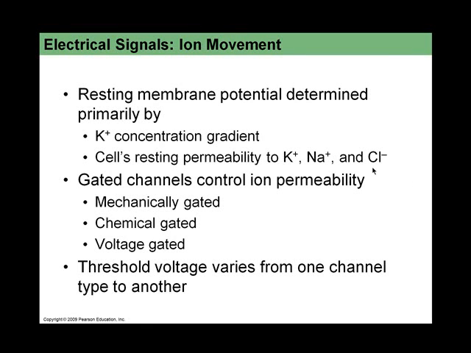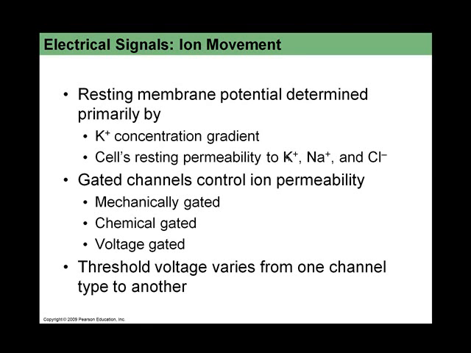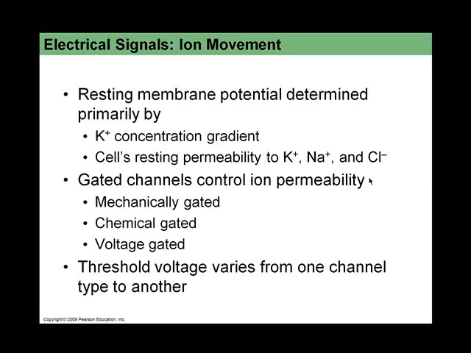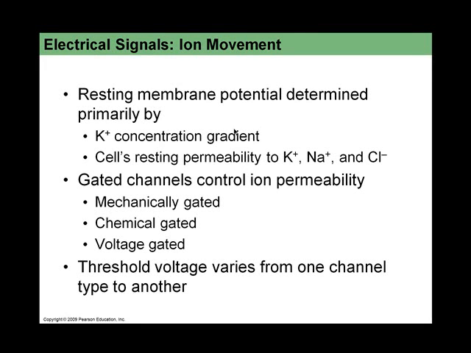And of course, chloride is leaking a little bit, but the biggest component, the major player of these 3 for resting membrane permeability, is the potassium. So the gated channels control the ion permeability. Here we are talking about state 1, the resting membrane potential.